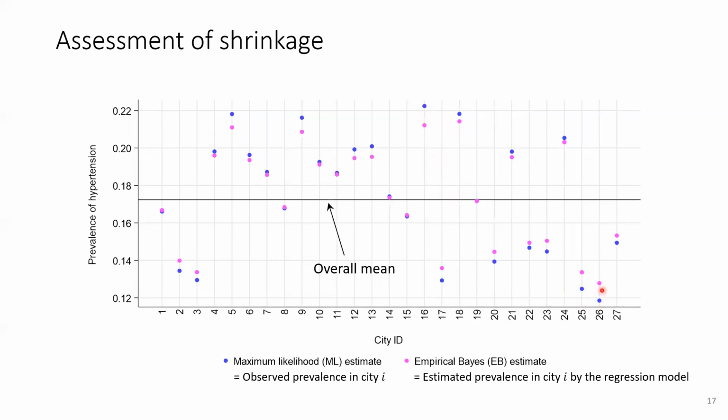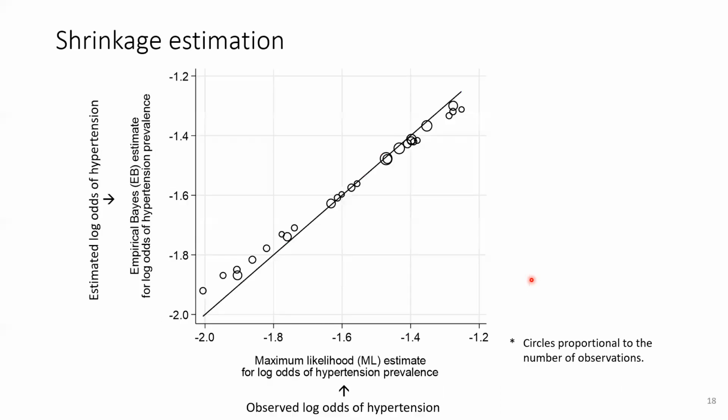And let's go to this lower end. And this one, observed prevalence is 12%, but estimated prevalence is about 13%. So it's a difference of 1%. So there was not that big a shrinkage we have to worry about. But this may happen when cities have a smaller number of observations.